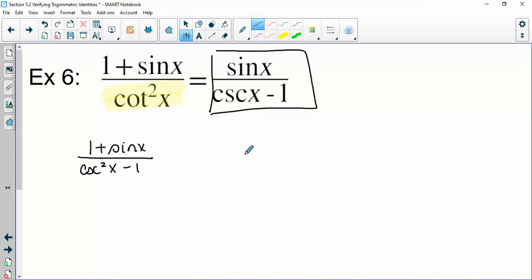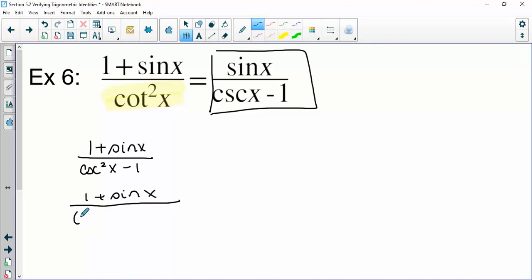Did you multiply the top and the bottom by something that I missed? How did you? Oh, but there's no plus 1. Cotangent squared. I see. All right. Do we do like difference of squares or something? Yeah. What if we factor the bottom?